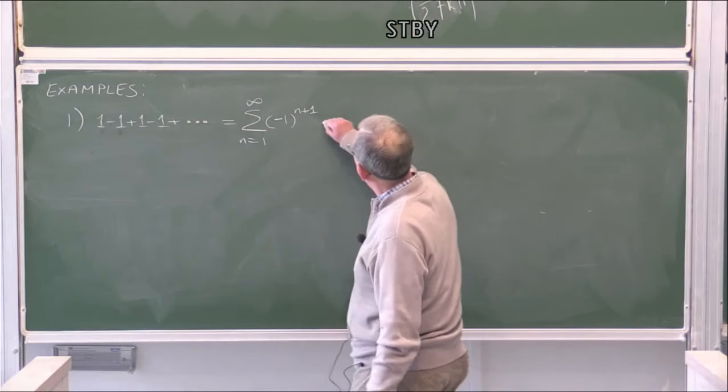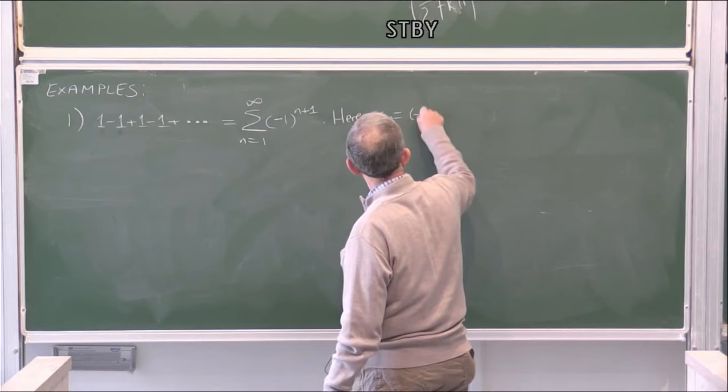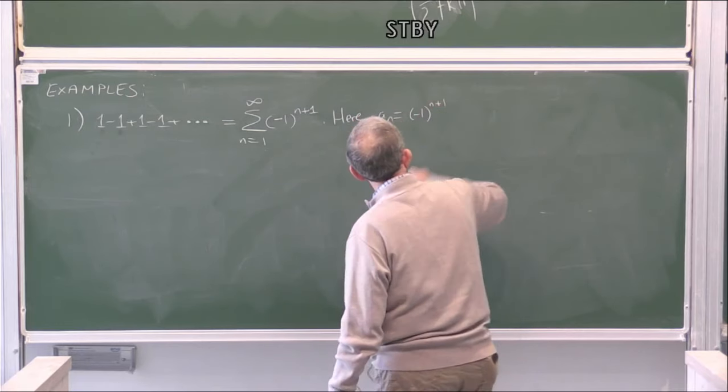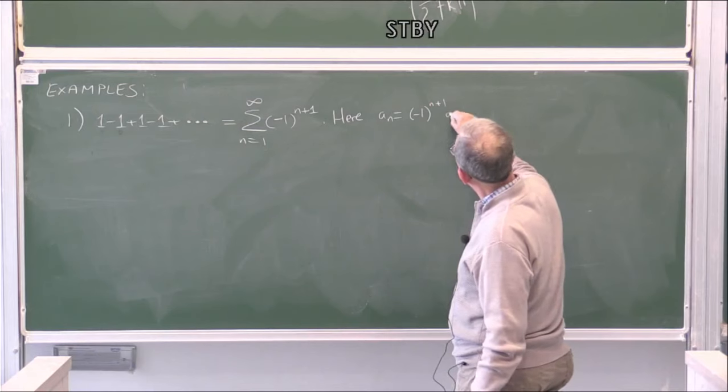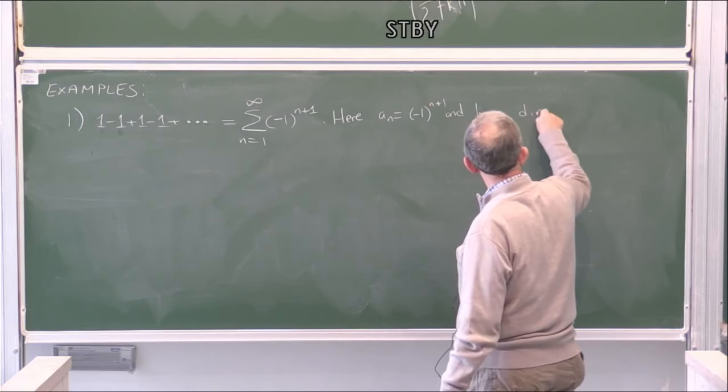So here, a_n is minus 1 to the n plus 1, and the limit of a_n does not exist.